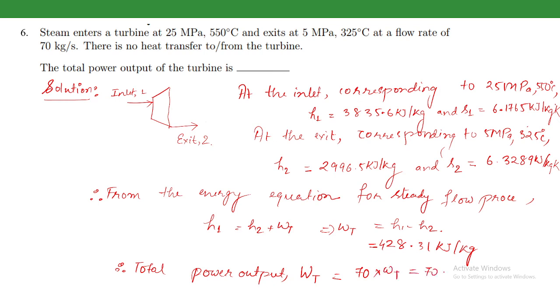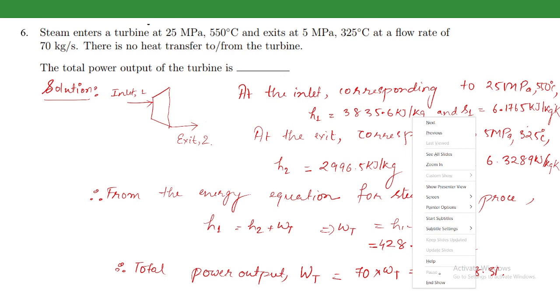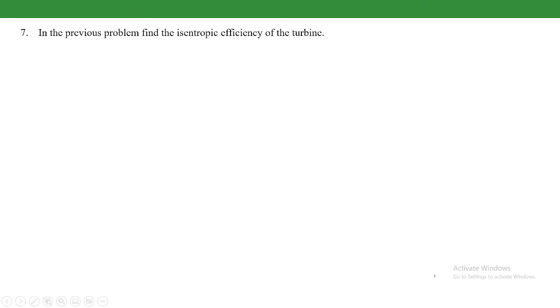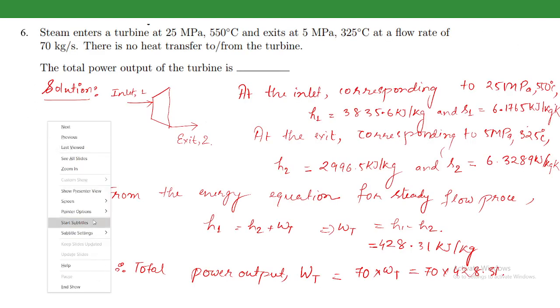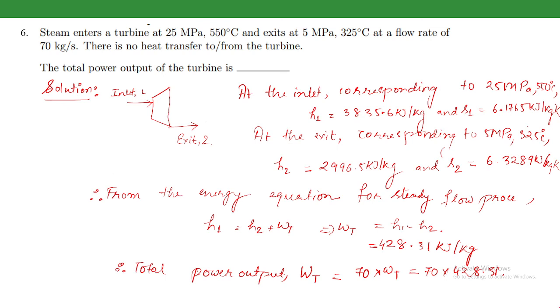So this is 70 multiplied by 428.31, which comes out to be 23737 kilowatt. So this is very straightforward.